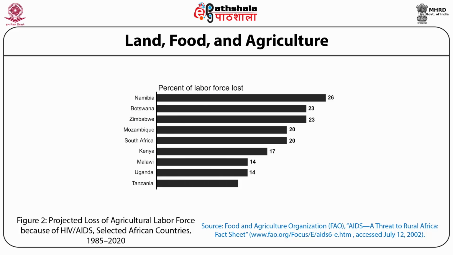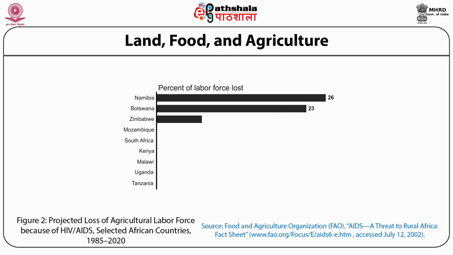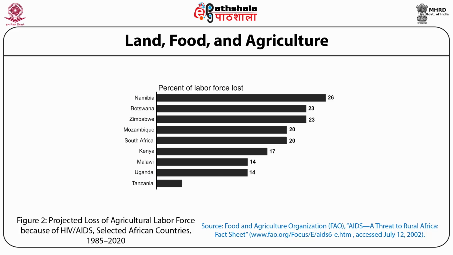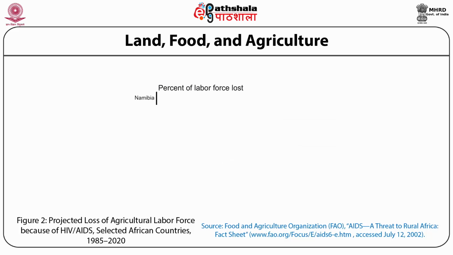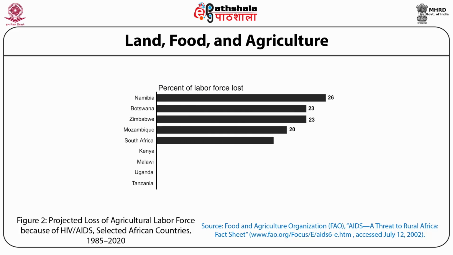Nearly 7 million agriculture workers have died of AIDS since 1985 in these nations. It is estimated that 16 million more agriculture workers will die due to AIDS in these countries between 2000 and 2020. The decline in agriculture workers will range from 13% in Tanzania to 26% in Namibia between 1985 and 2020 due to AIDS.